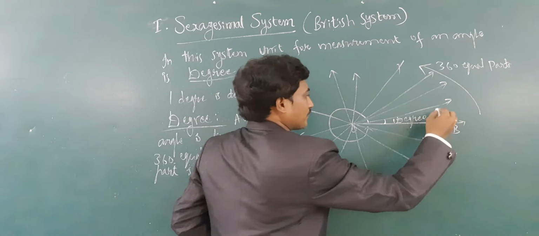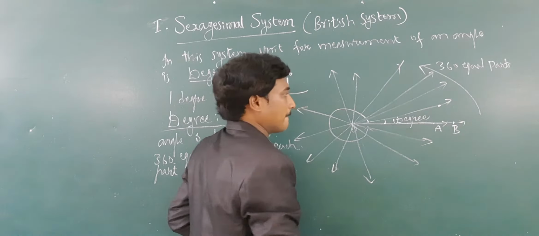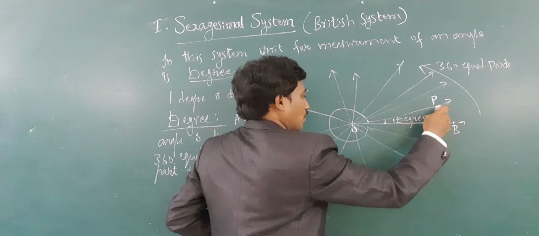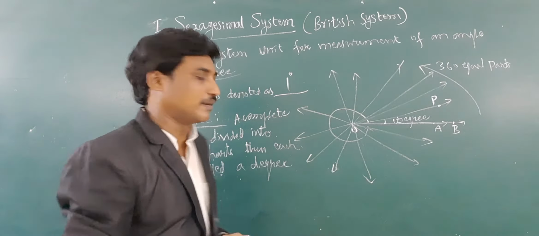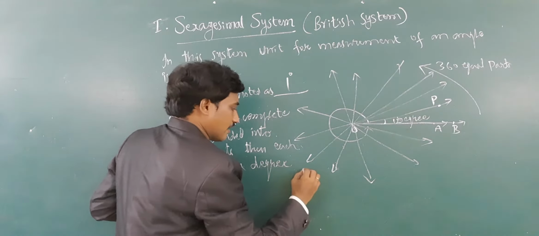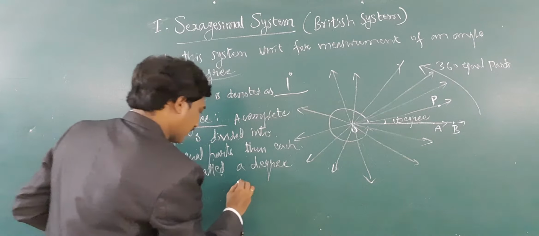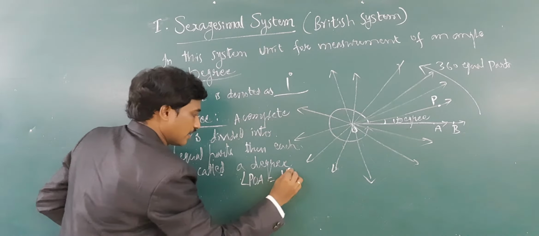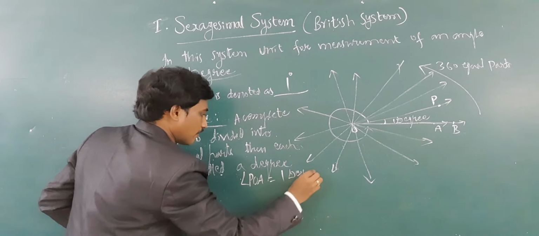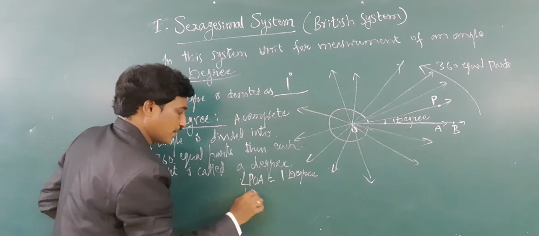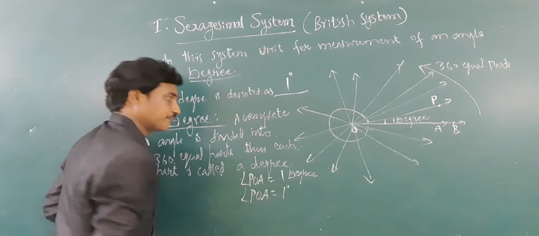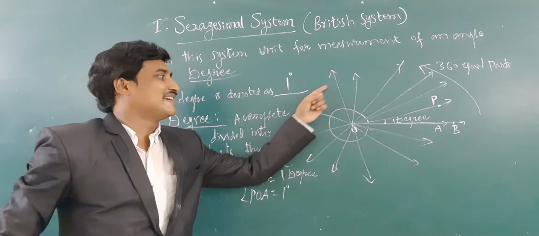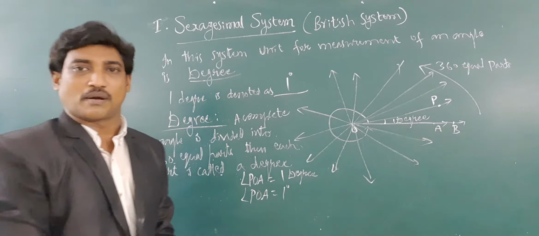For example, angle POA is 1 degree. There are 360 degrees in this complete angle.